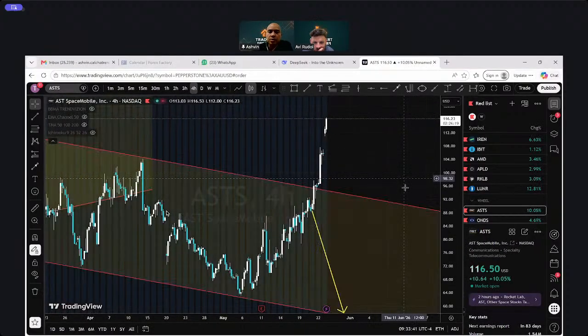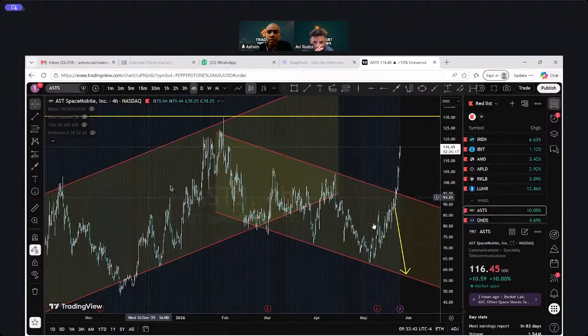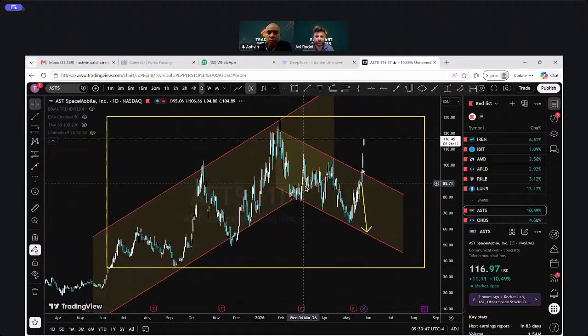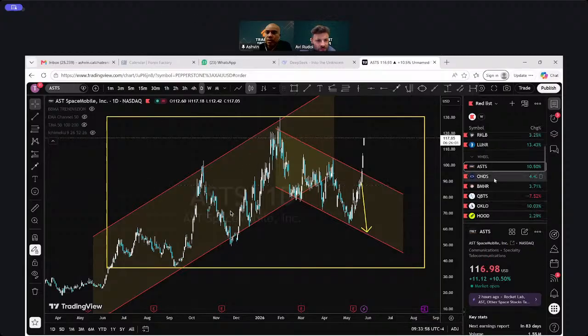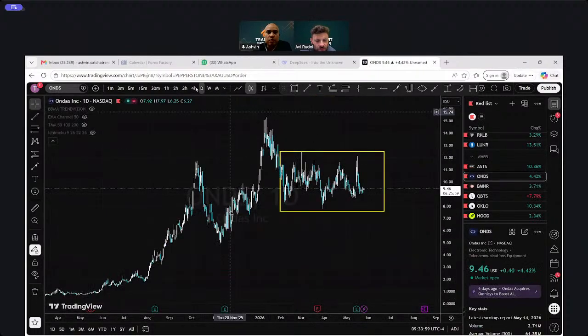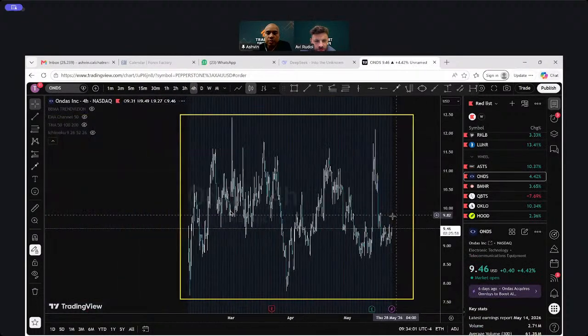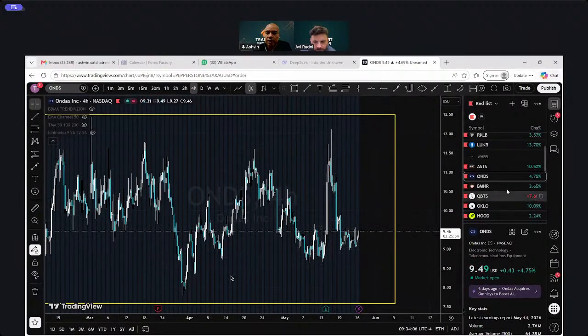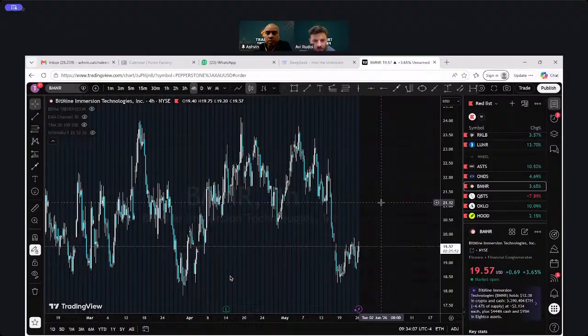ASTS as well. Channel against channel, very nice. It broke out of the channel impulsively, so there goes ASTS. Ondas is channel against channel, but now it pushed up, pushed down, so let it recover. BMNR the same.